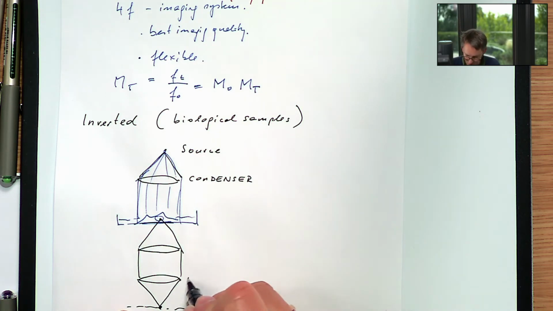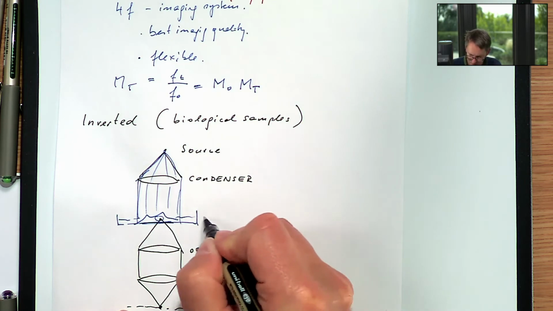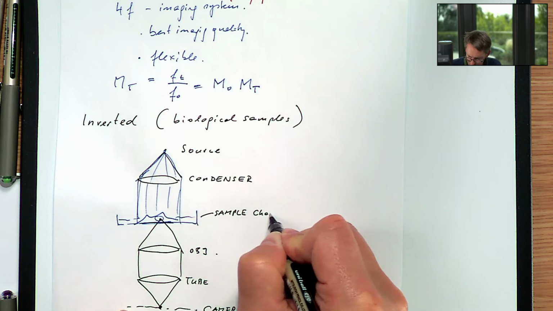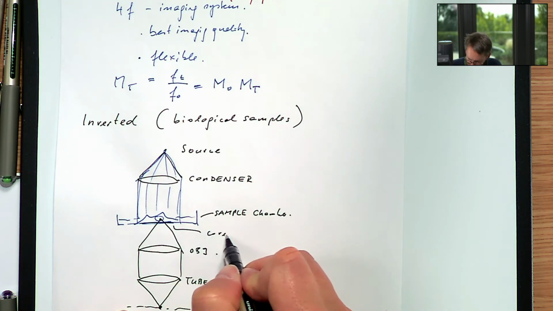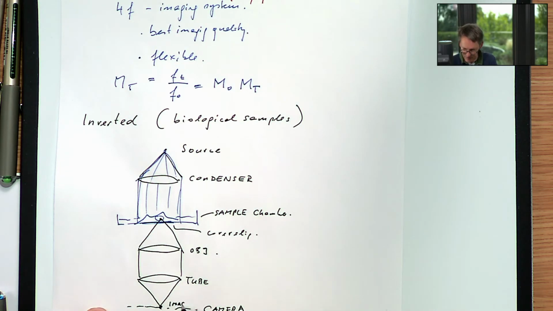So we have tube, objective, this is a sample chamber, and this here is a cover slip, it's called. So it is a transparent optical piece of glass. All right, and so this is where the image is.